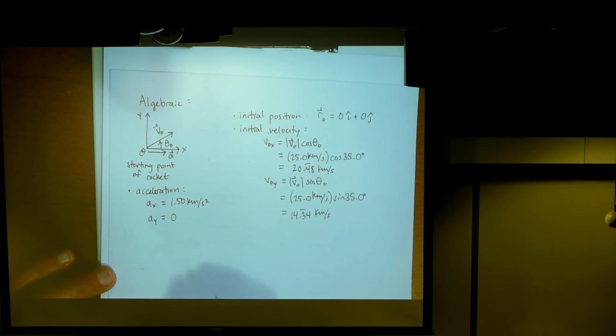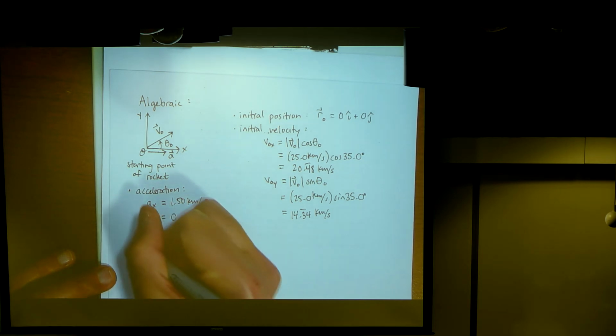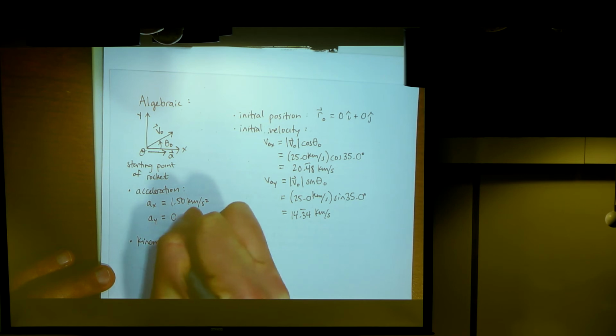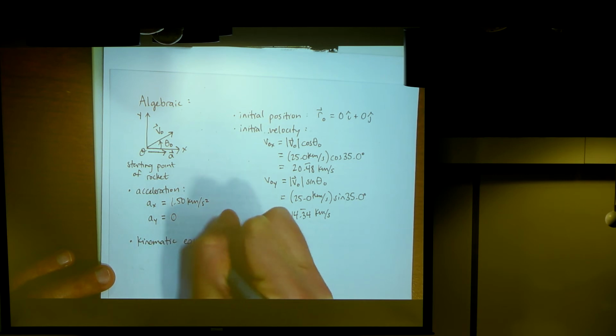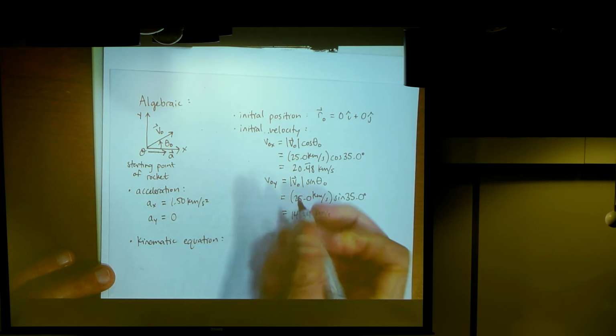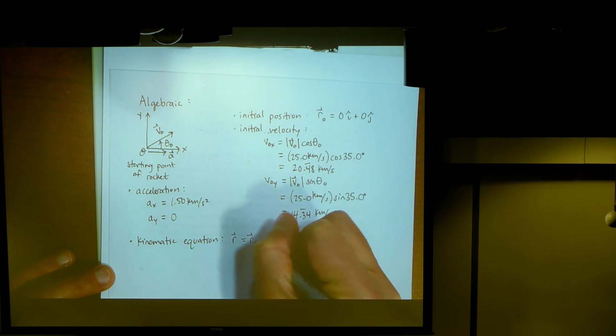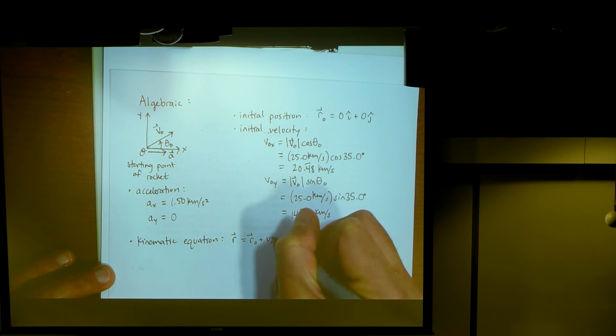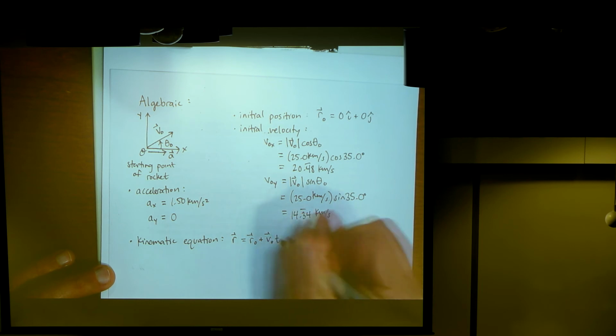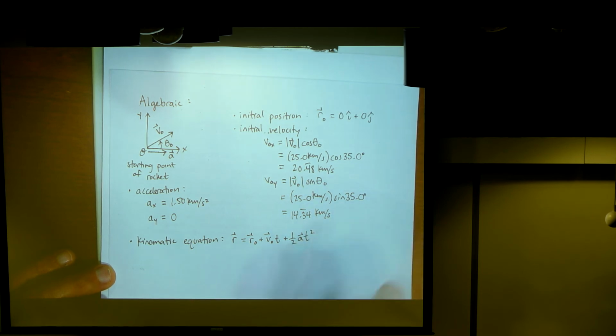So, let's write down a kinematic equation that's going to be useful here. The kinematic equation that I'm going to use is r equals r naught plus v naught t plus 1/2 a t squared.